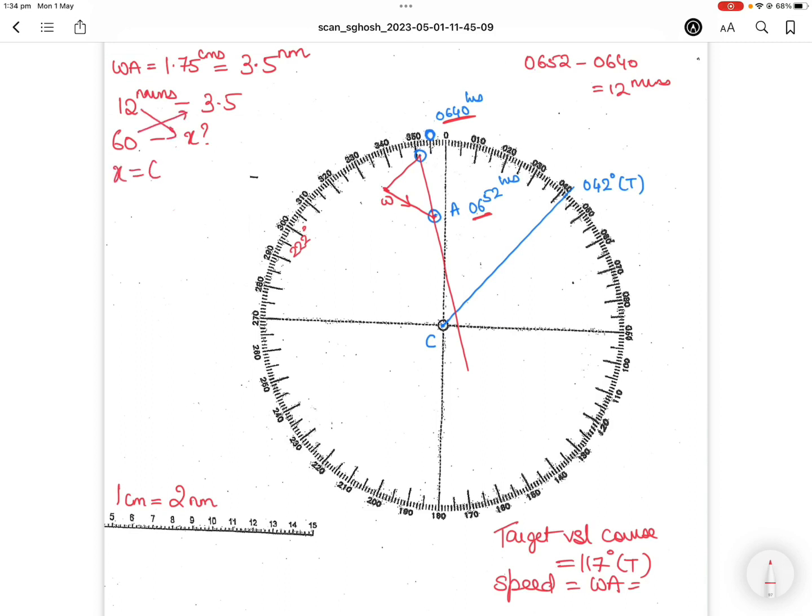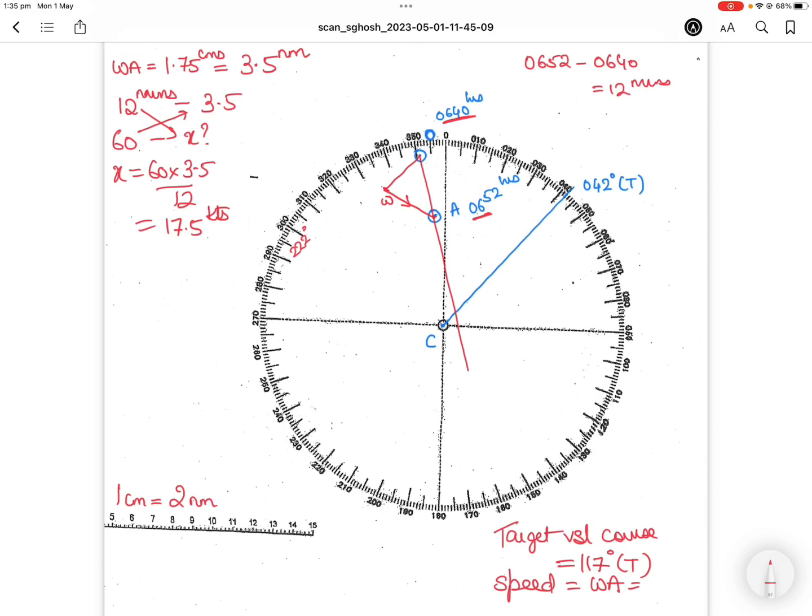So x equals 60 multiplied by 3.5 divided by 12, which equals 17.5 nautical miles per hour. So the target vessel speed, according to my plot, and I hope this is correct, is 17.5 knots, or nautical miles per hour, whichever you want to confirm.